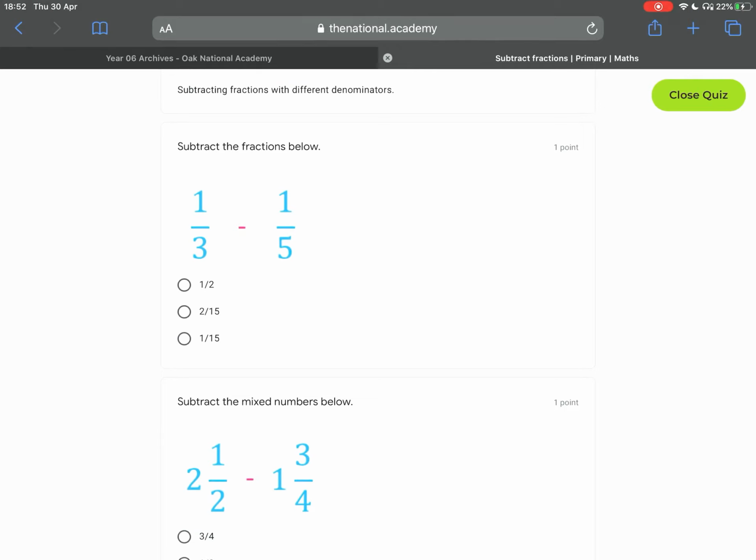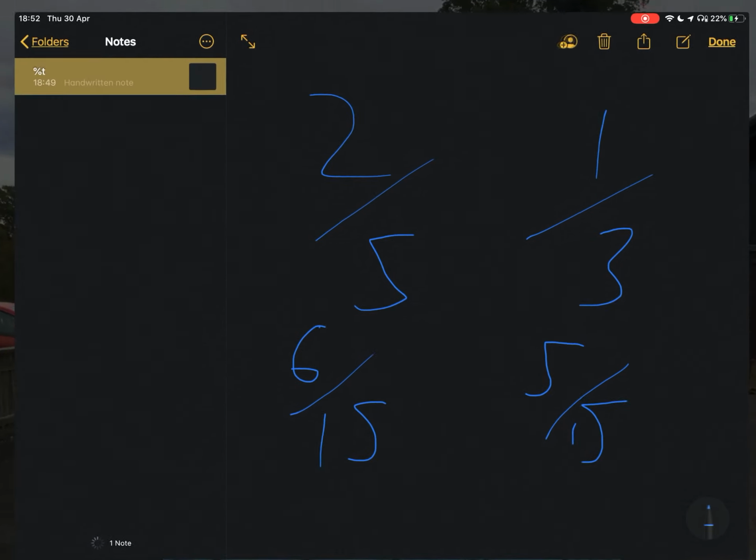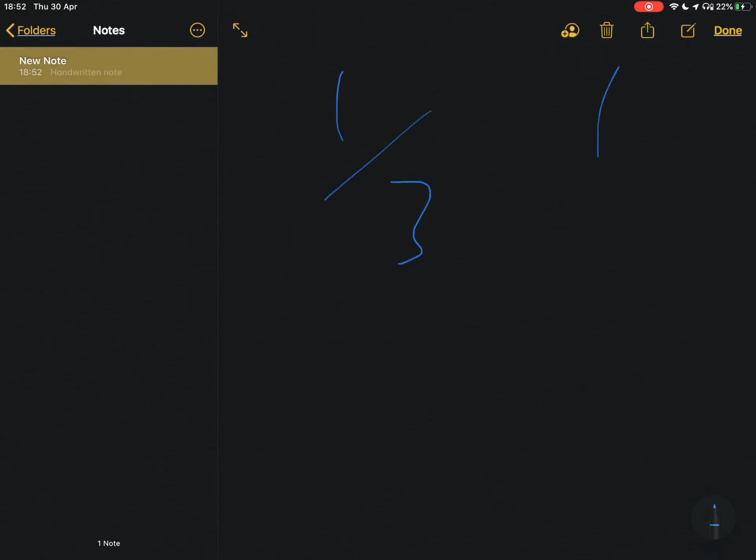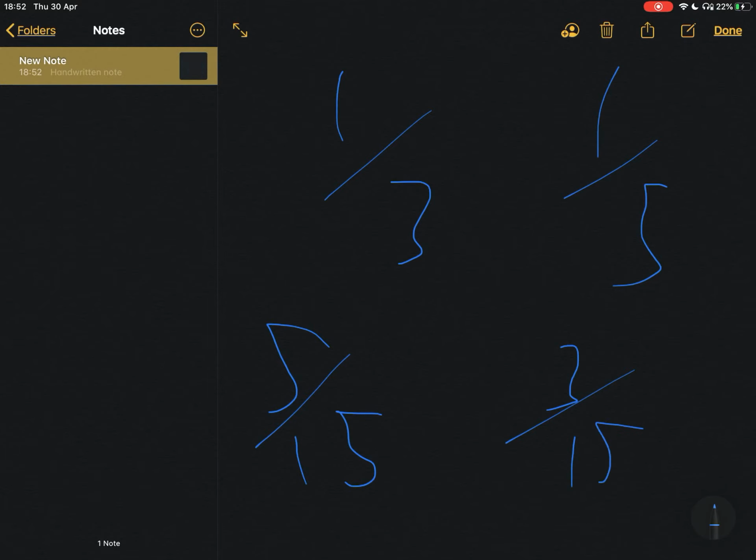Subtract the fractions below. So this one would be 1/3, 1/5. Let's check that. So 1/3 and 1/5. Let's see, what would that be? So we've times it by 5/15 and 3/15. So let's see, it would leave us with 2/15.